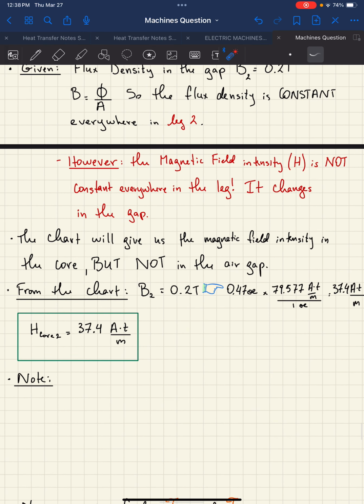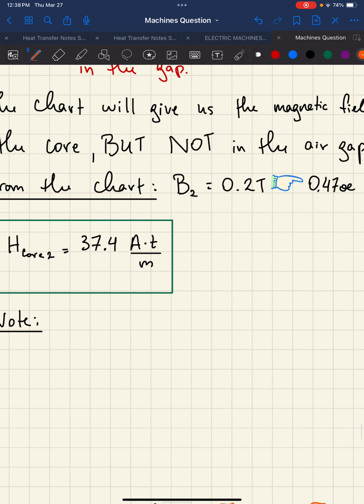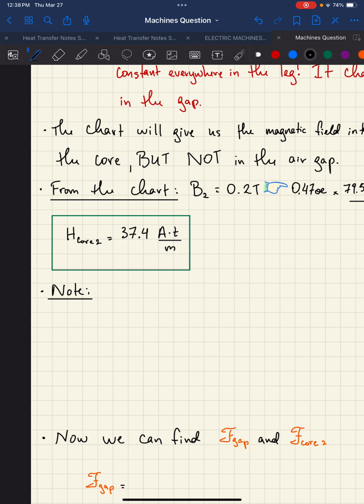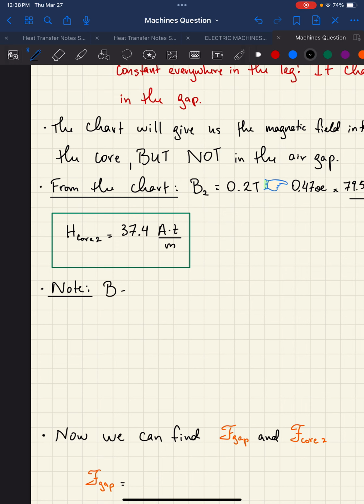Okay, so we have H core 2. I mentioned this already, but it's good to mention it again. Basically, magnetic flux density is mu times H. Mu is actually mu relative times mu of the air, right? So basically you get something like this.